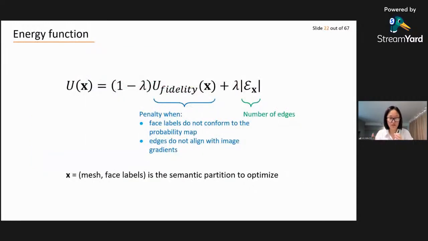For the energy term, the first term we have already normalized according to the image size, but the second term we left to the choice of the user, and it's purely on the number of edges that we want to discourage.